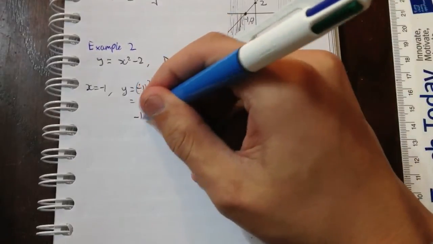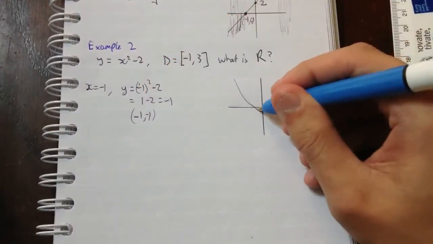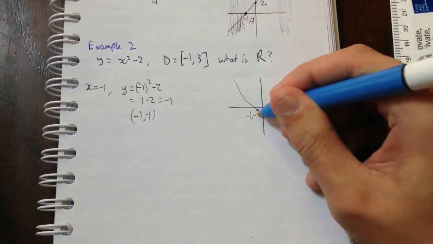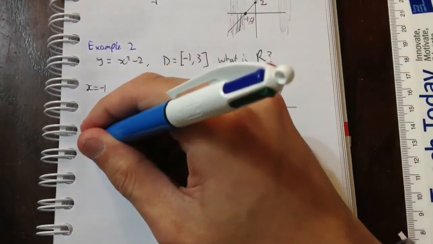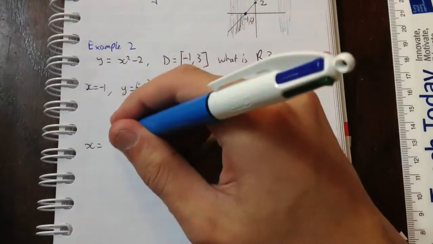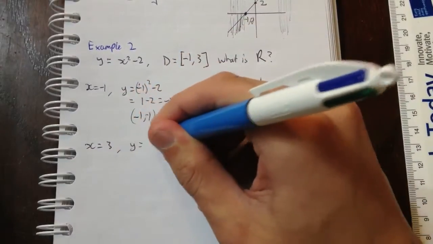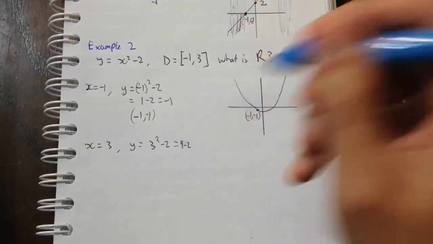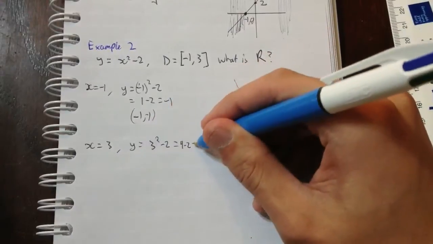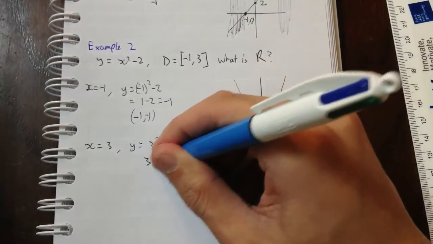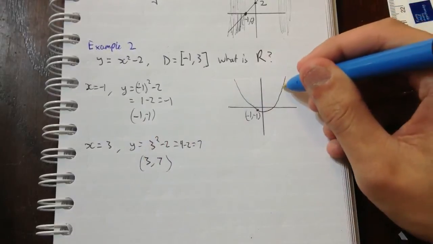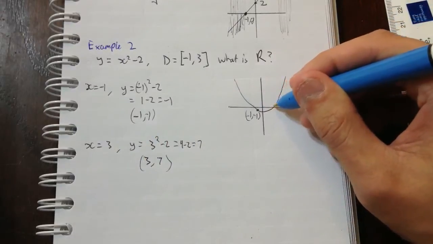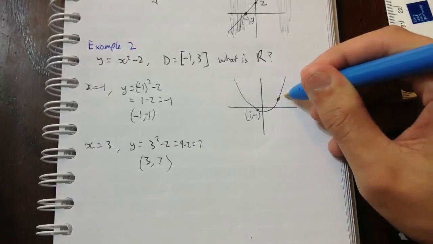So we have our first point, -1, -1. When x equals 3, y equals 3 squared minus 2, equals 9 minus 2, equals 7. So we have our second point, 3, 7.